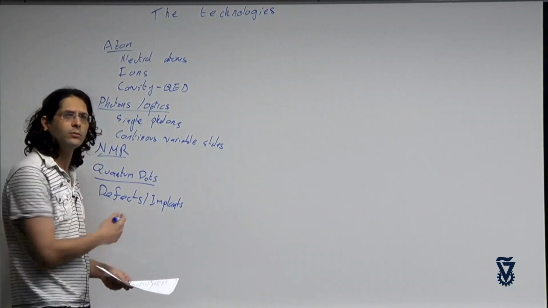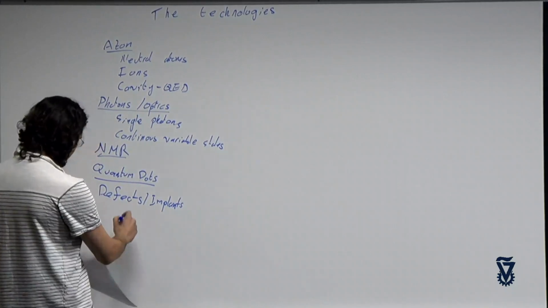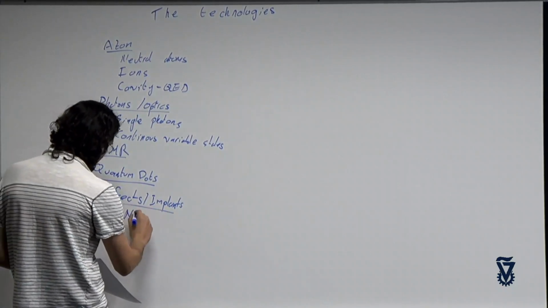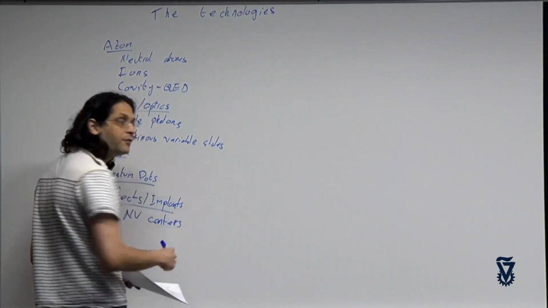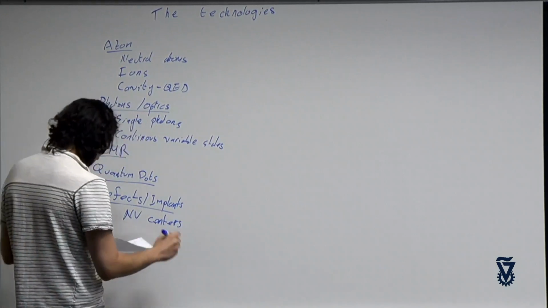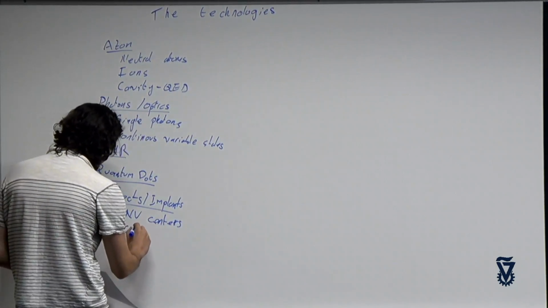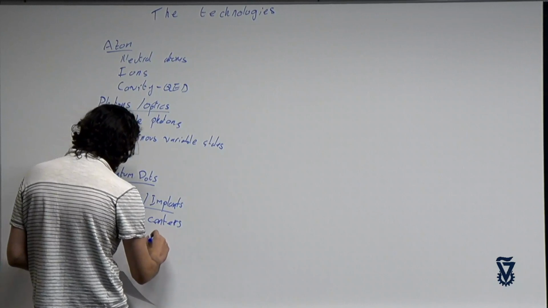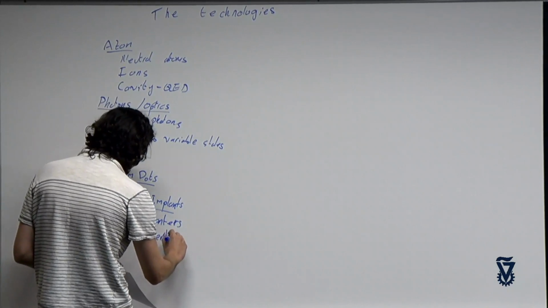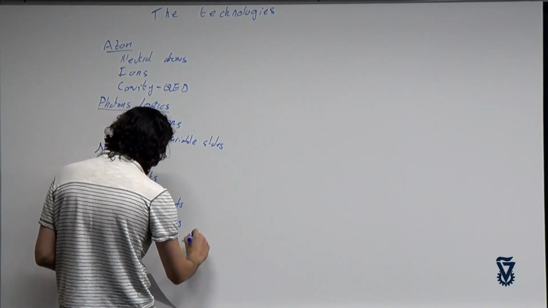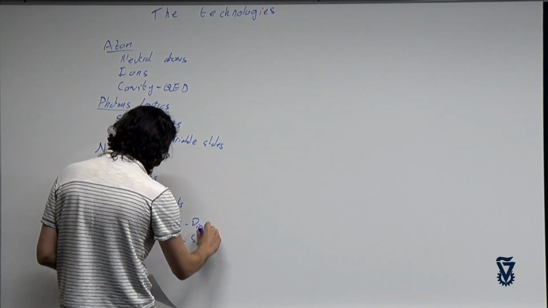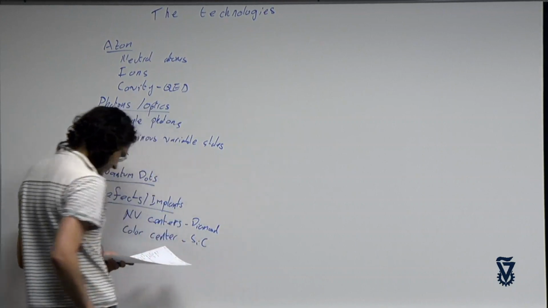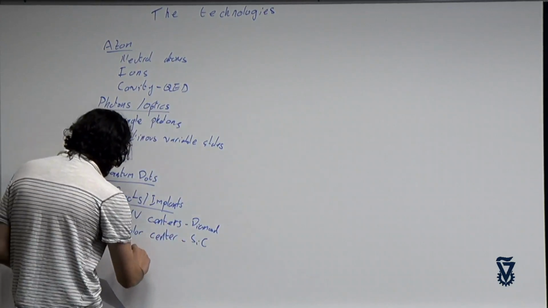Those are the three that I have written down. And there's also defects, NV centers. So NV centers are defects in diamonds, basically. There's color centers, all kinds of other color centers, for example, in silicon carbide. This is in diamond. Bismuth implants in silicon.